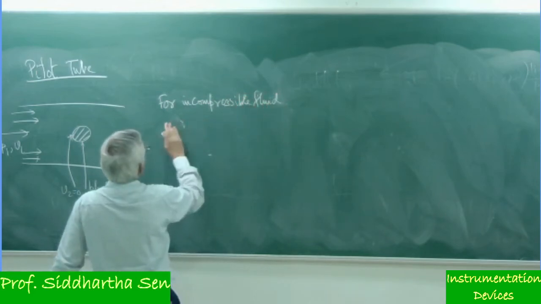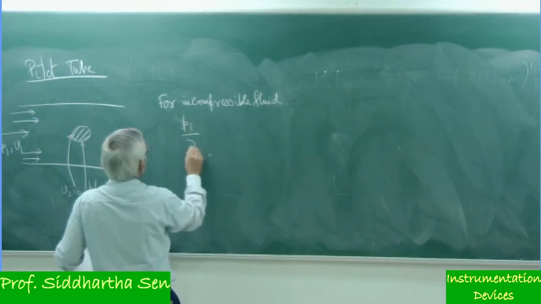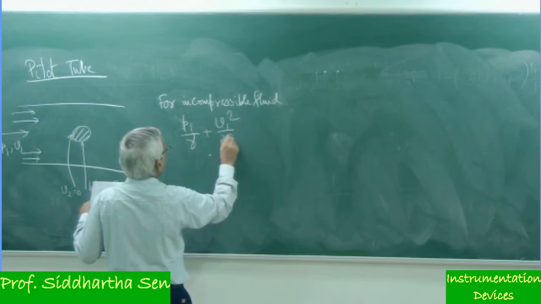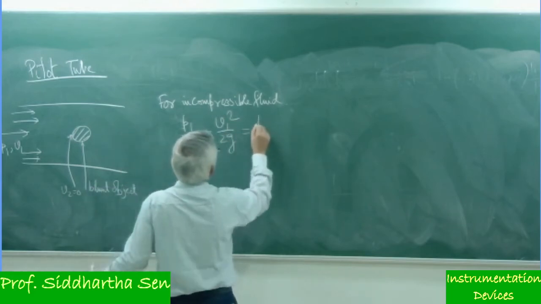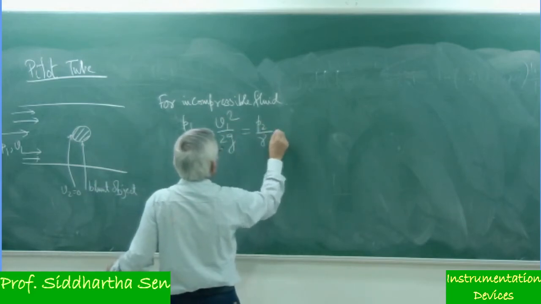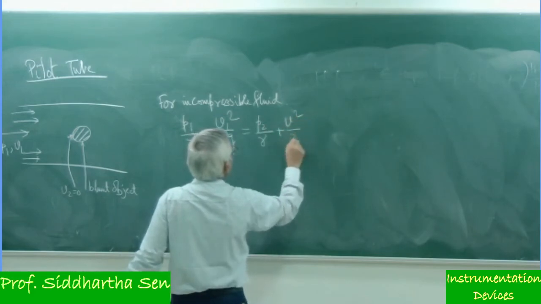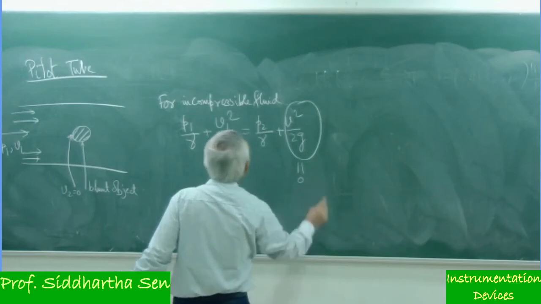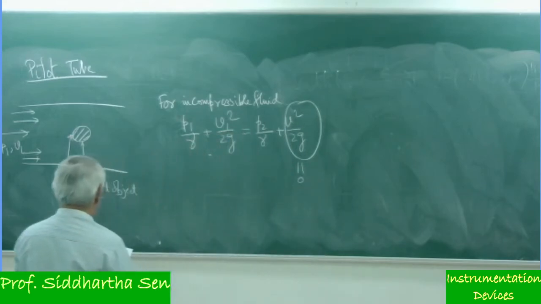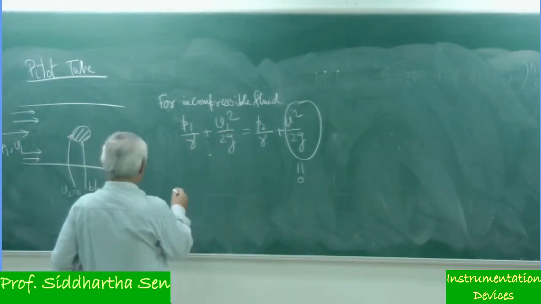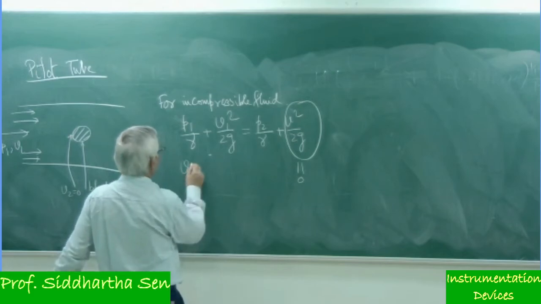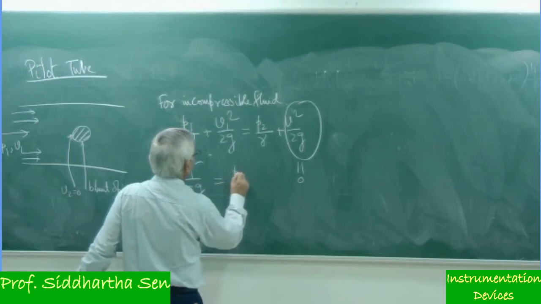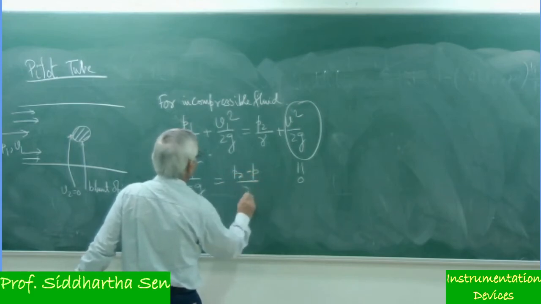So, for incompressible fluid, P1 divided by gamma plus V1 square divided by 2G is equal to P2 by gamma plus V2 square divided by 2G. But V2 is equal to 0. So what we get is that V1 square divided by 2G is equal to P2 minus P1 divided by gamma.